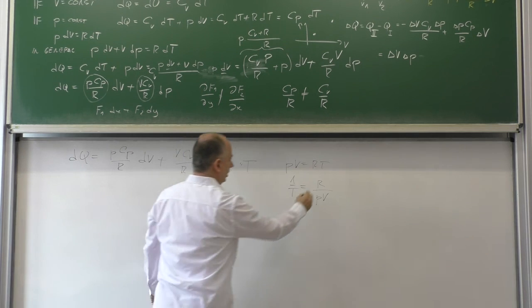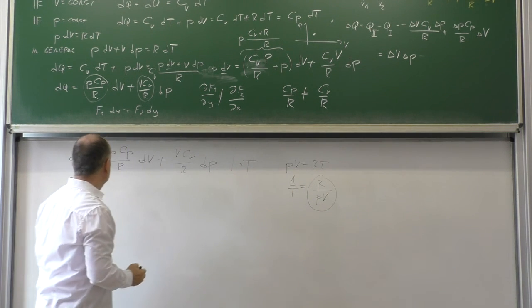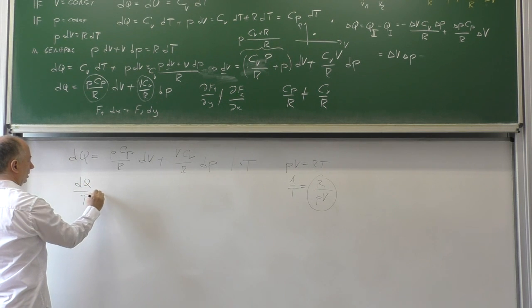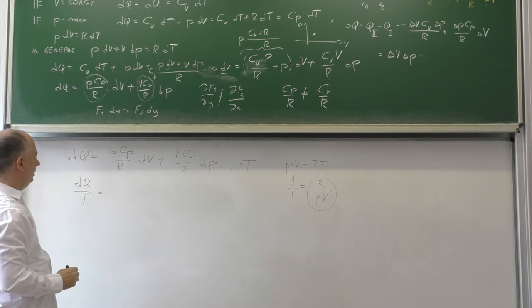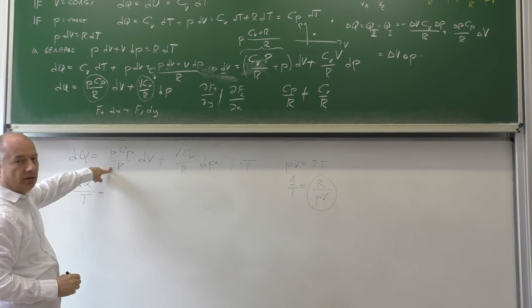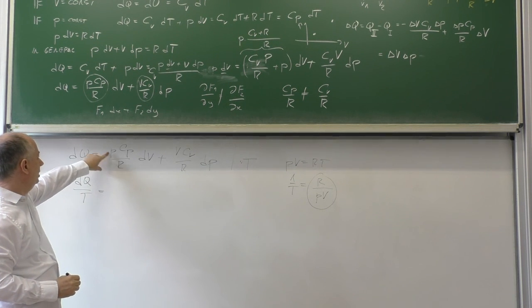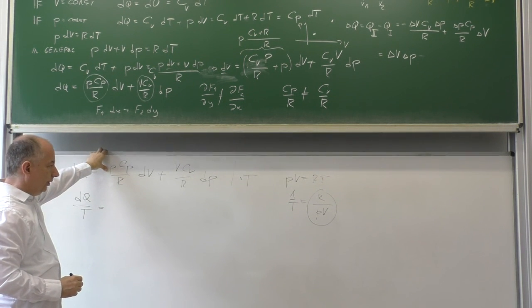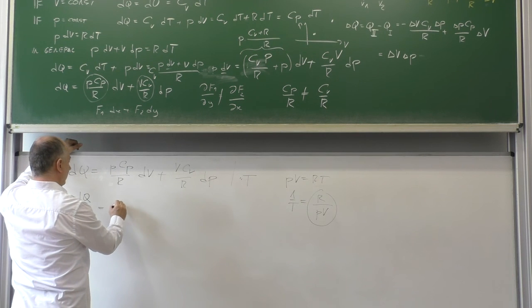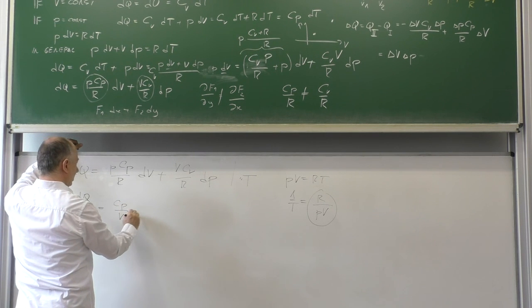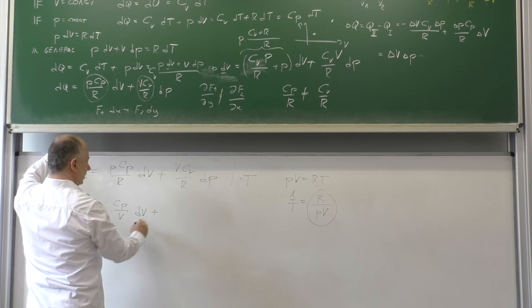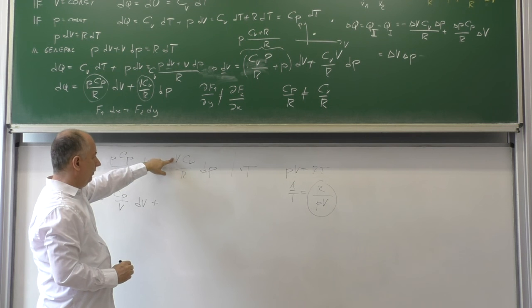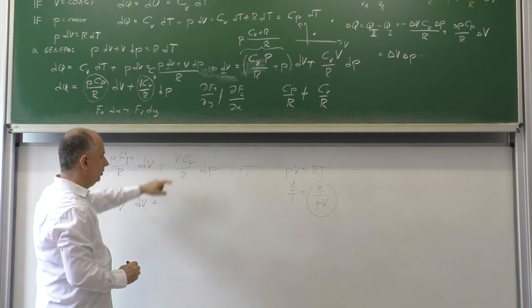So we multiply actually by this fraction, and we have dQ divided by the absolute temperature T. We multiply by R, so R goes away, and P divided by PV is Cp divided by V dV, plus R goes away, and V divided by PV is 1 over P.